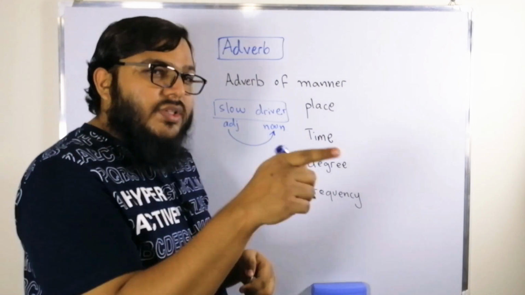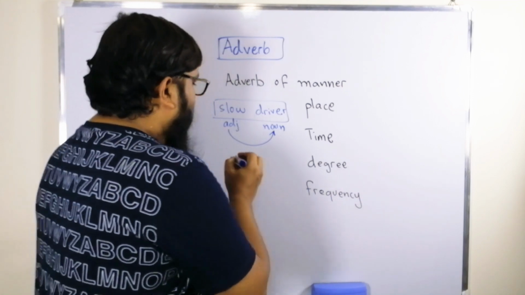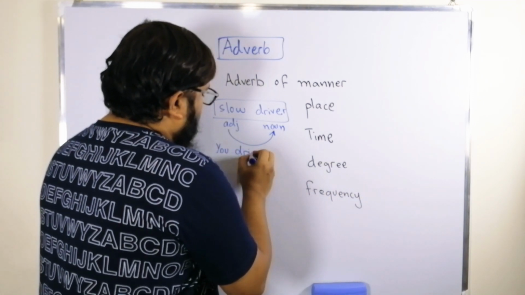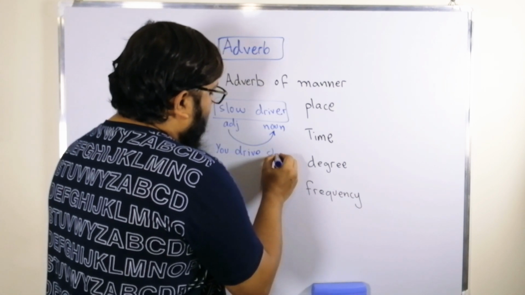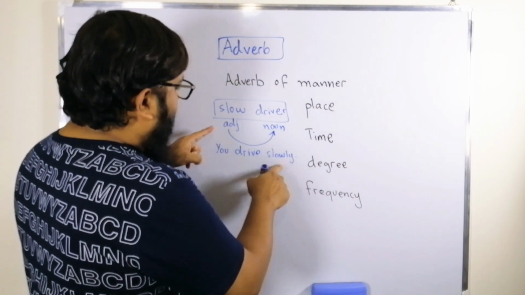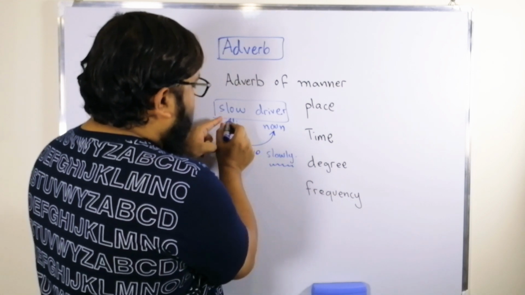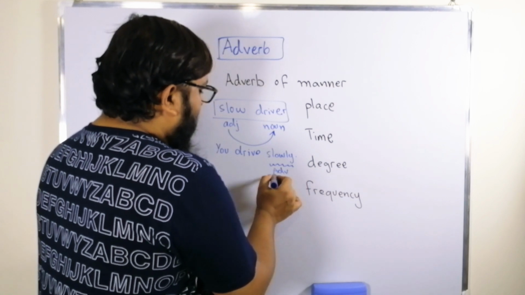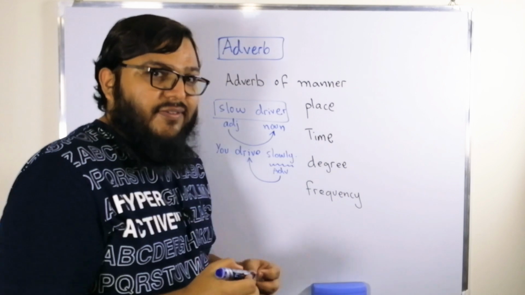But if you say you drive slowly, here slowly is a word that comes from the word slow, which is an adjective. But here, slowly is an adverb, which actually describes the action drive.